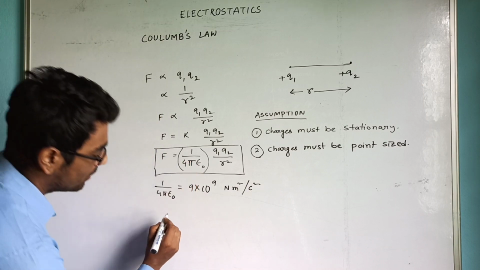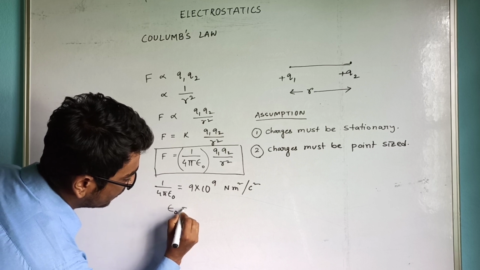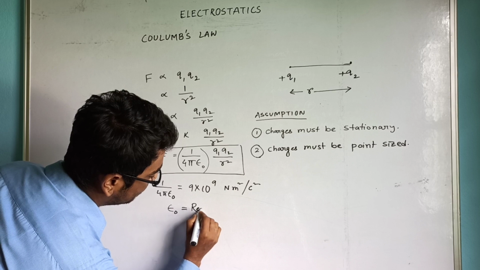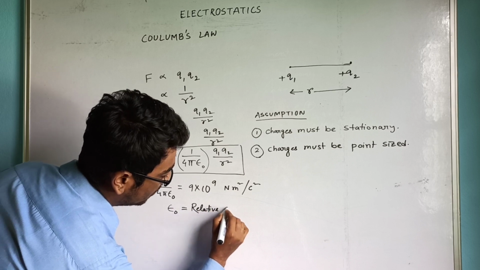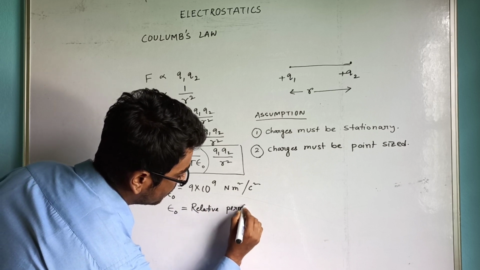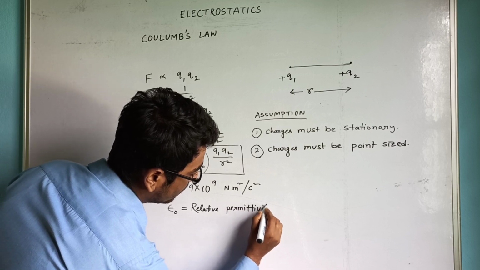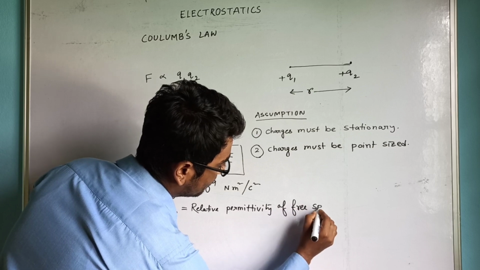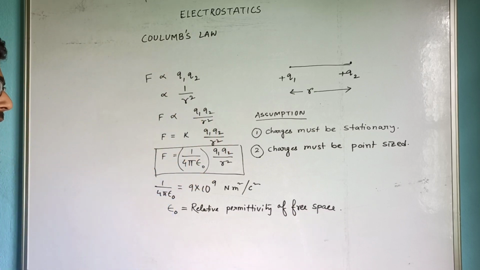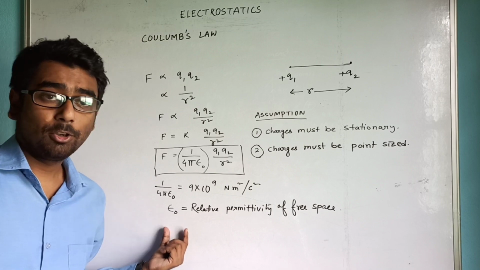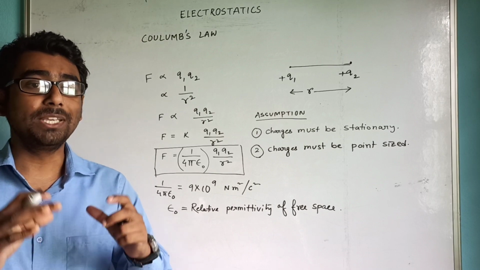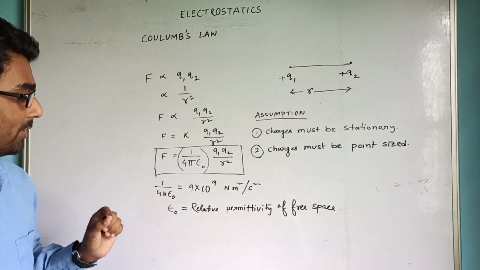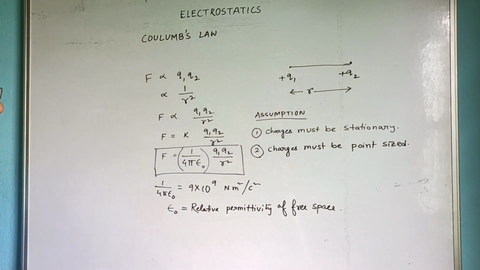Here epsilon naught is the permittivity of free space. Actually, epsilon naught gives the idea about the medium in which Q1 and Q2 are kept. That is the main ultimate thing.